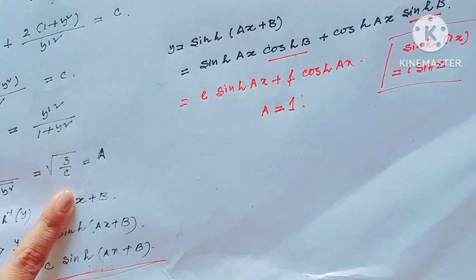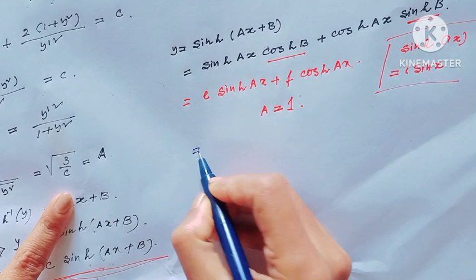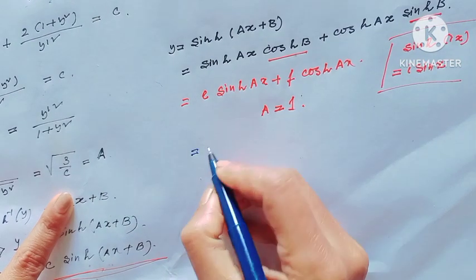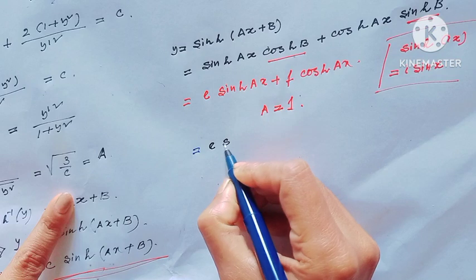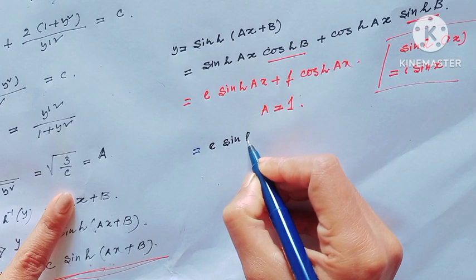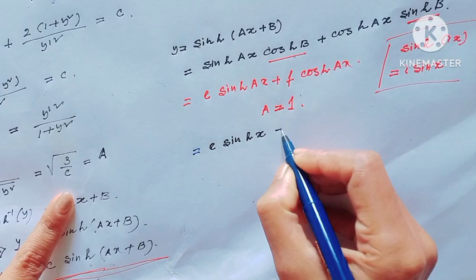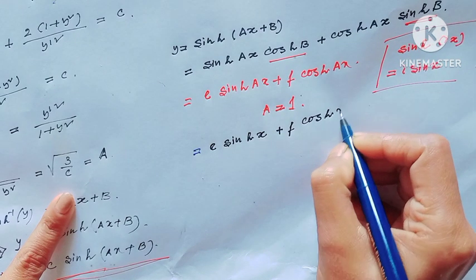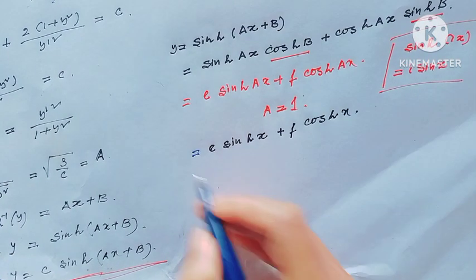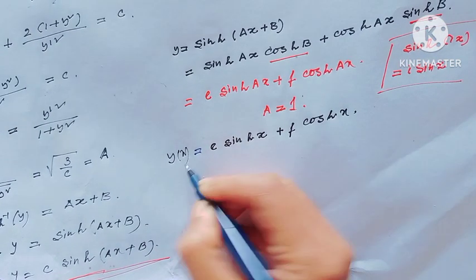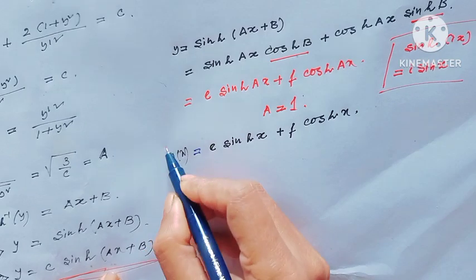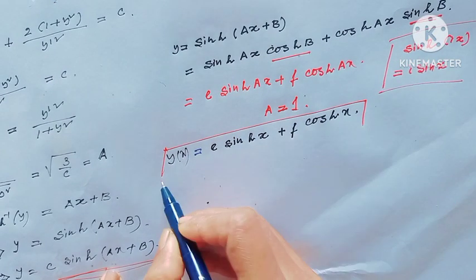By putting a equal to 1, notice here the extremal would be e sine hyperbolic x plus f cos hyperbolic x. y of x equal to e sine hyperbolic x plus f cos hyperbolic x.